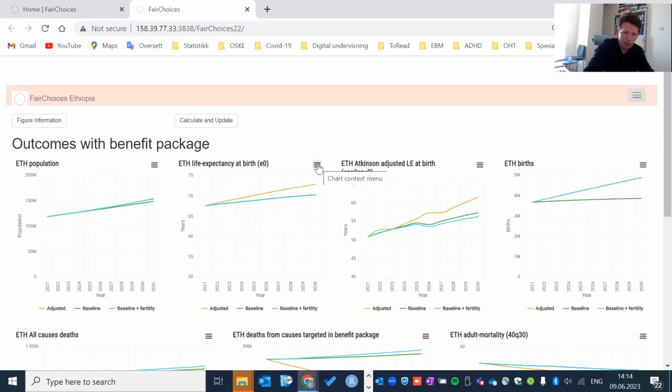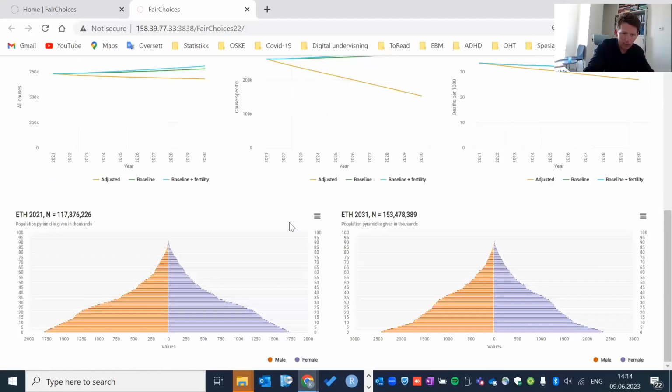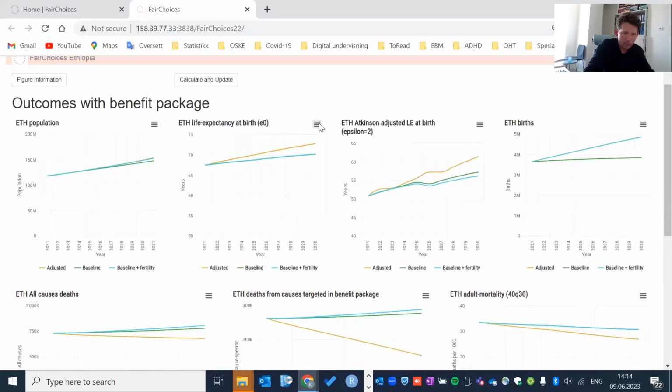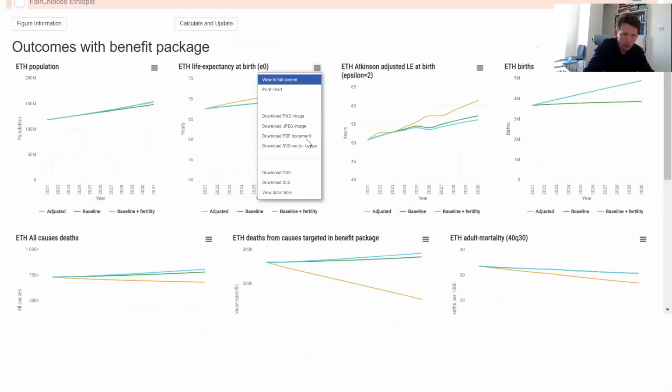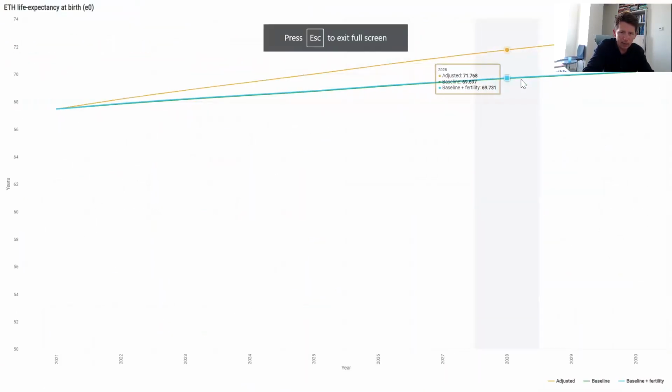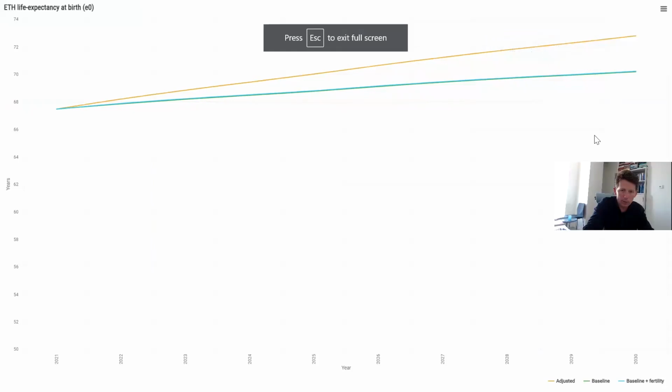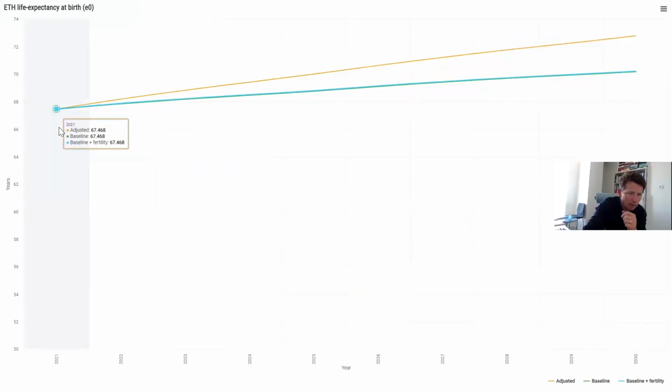And then, you have different pieces of information in the demographic plot here. But if we look at the life expectancy plot, we can open this in full screen, and we see that the life expectancy in Ethiopia today is 67.5.